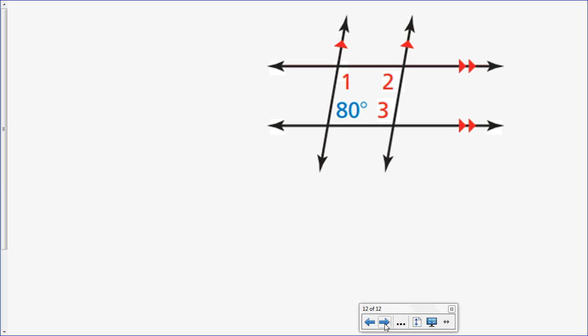Okay? So, last example. What kind of lines are these? Two pairs of parallel lines, right? Okay? So we talked about alternate interior angles being congruent, and we talked about alternate exterior angles being congruent and corresponding.